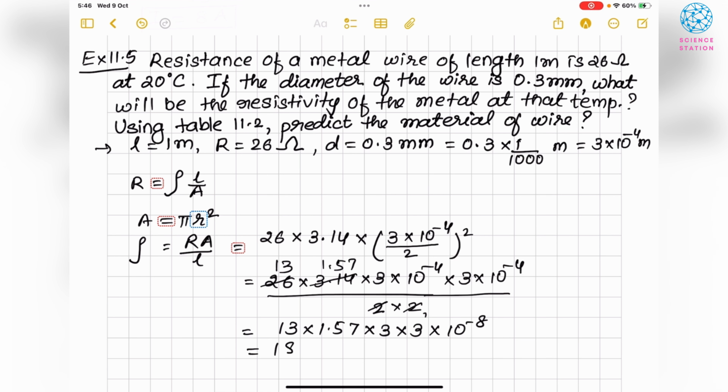So this is coming finally to 183.69 into 10 raised to minus 8. Now, seeing this from the table, I can say the material is manganese.